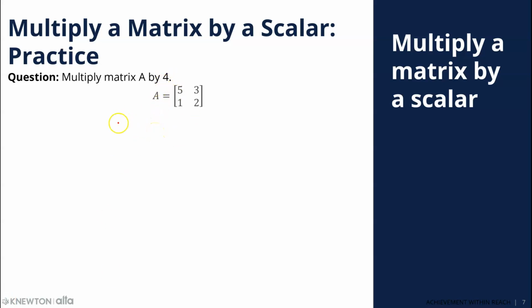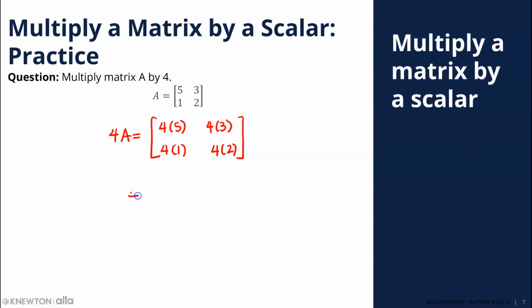So, to find 4A, we obtain this by multiplying each element in A by 4. So this is equal to 4 times 5, 4 times 3, 4 times 1, and 4 times 2.